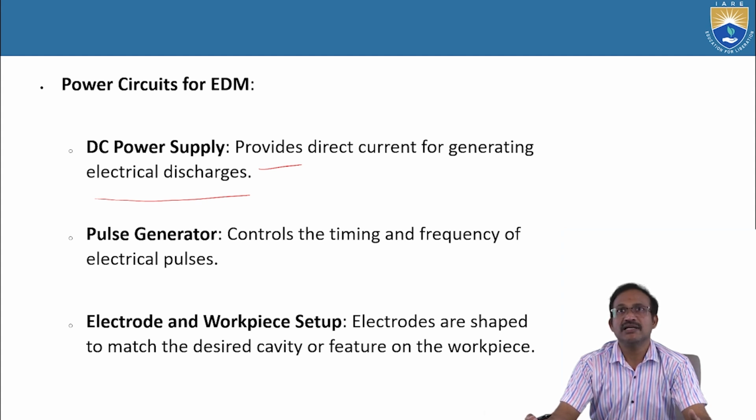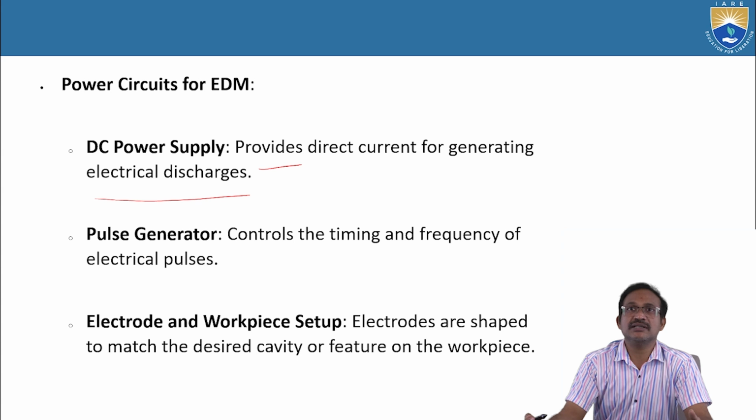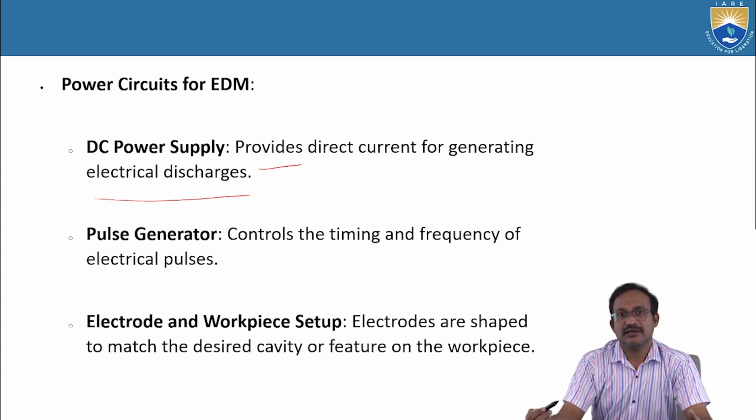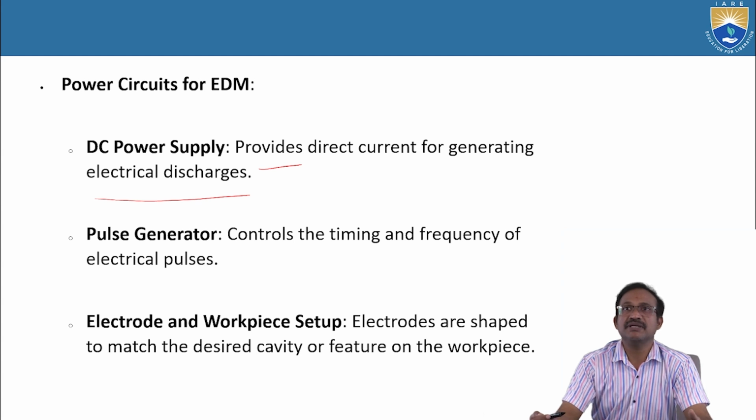These are very important in terms of getting good surface finish and other qualitative aspects of the machine. So the pulse generator will play a predominant role in the surface finish or any other quality parameters of the machine.